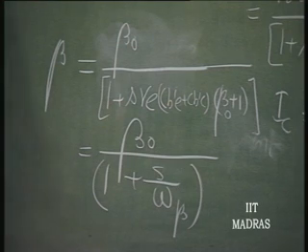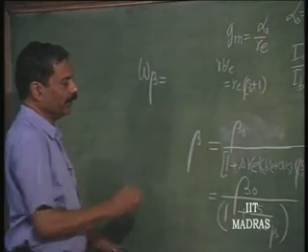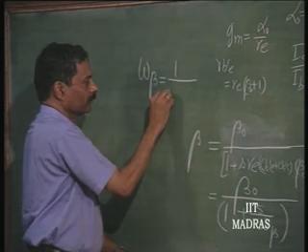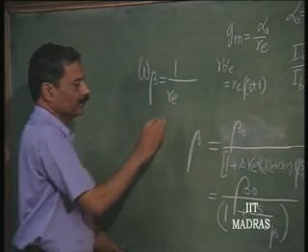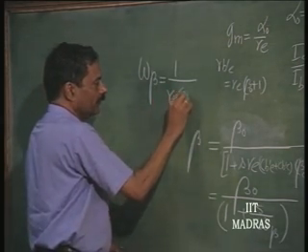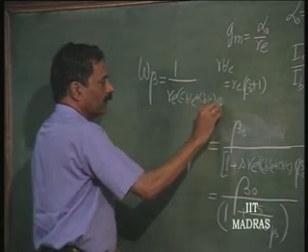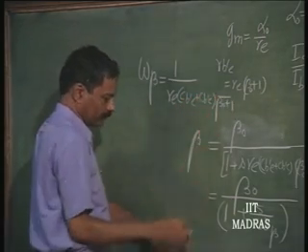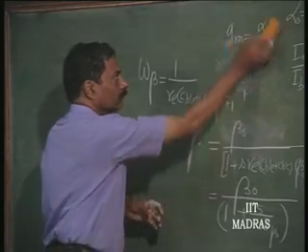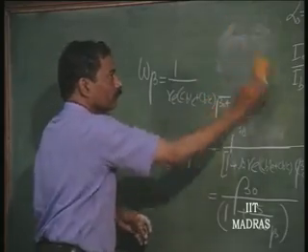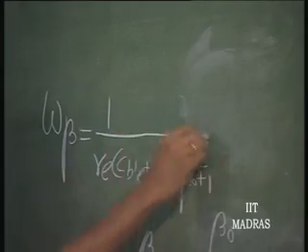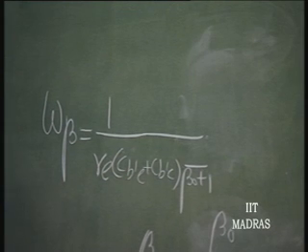Omega beta in this case is nothing but 1 over Re into Cb dash E plus Cb dash C into beta naught plus 1. This is called the beta cutoff frequency.